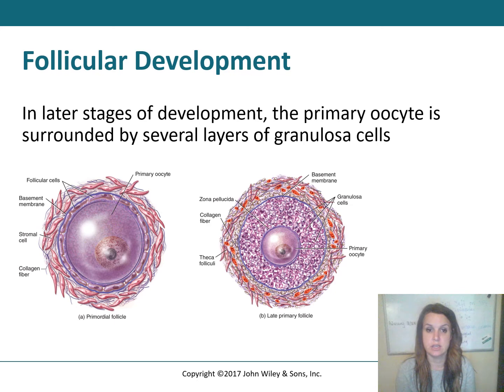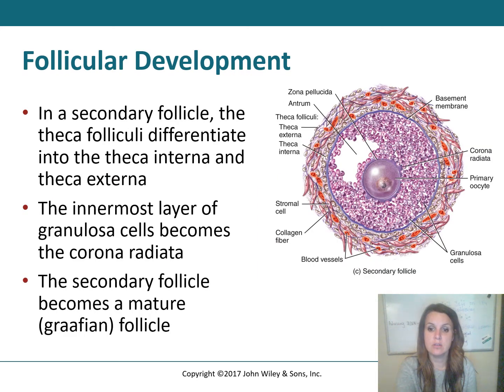So this process is called follicular development because it's the growth of all the supporting cells in addition to the center oocyte. So in later stages of follicular development, the primary oocyte is surrounded by several layers of what are called granulosa cells. So you see here you have a primordial follicle, and then it turns into a late primary follicle. So as the follicle continues to grow, you're going to get what is called a secondary follicle.